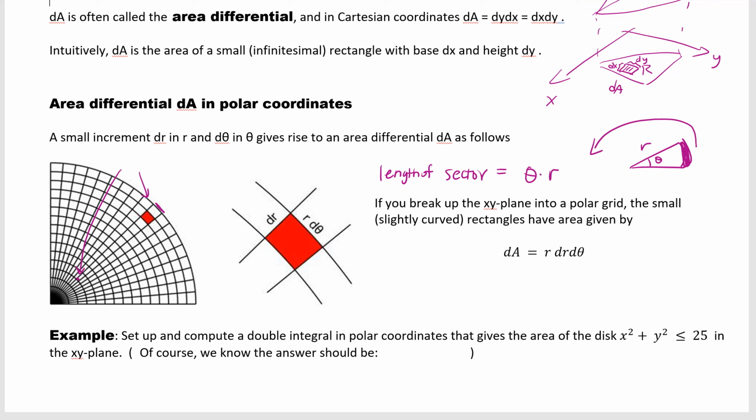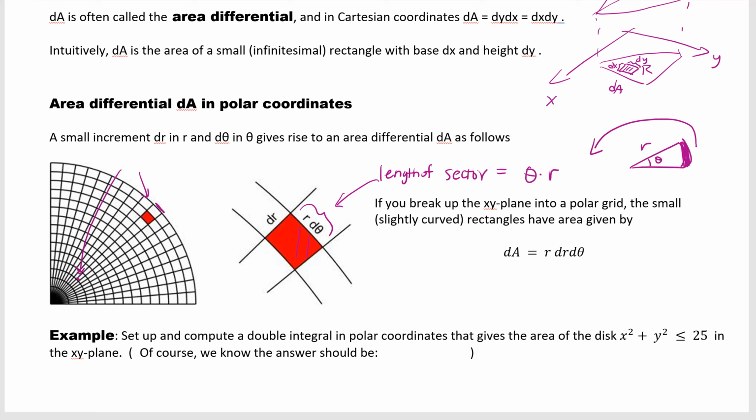So the change of the angle is d theta, and the radius is r, so the length of this arc is r times d theta. Then the area of this rectangle is dr times r d theta.